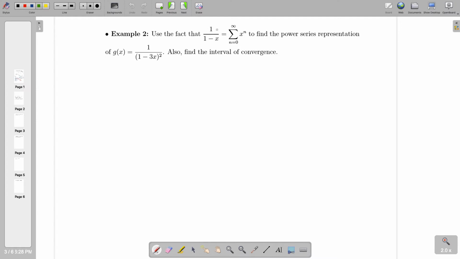So we might ask ourselves, how do we get from something that looks like this to something that has a square in the denominator? What I would have you remember here is that in Calc 1, if I asked you to take the derivative of 1 over x, you would probably bring the x up and raise it to the negative 1, and then it would be negative 1 x to the negative 2, which would give you negative 1 over x squared.